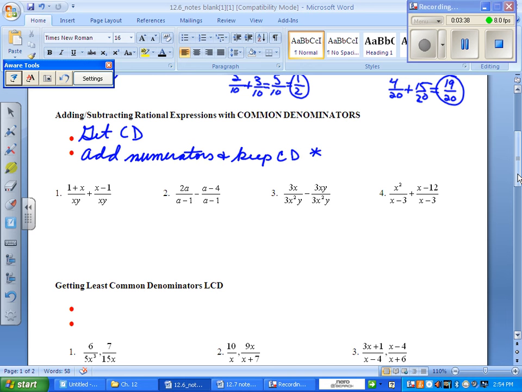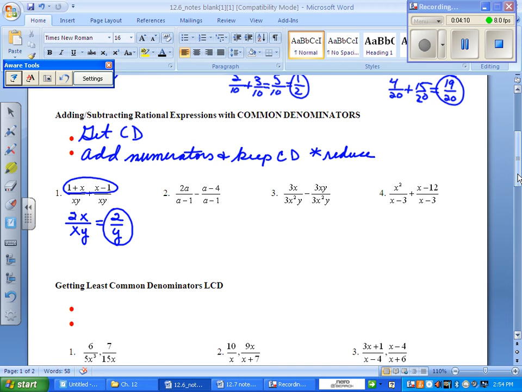And another thing you have to do is always reduce. Okay, so these already have common denominators, so it should not be that difficult, but in your numerator, make sure you add only like terms. So you have an x and an x, together is 2x. You have a 1 and a minus 1, those will cancel. That is all over the common denominator, which is xy, and you must reduce your x's, so it simplifies to 2 over y.